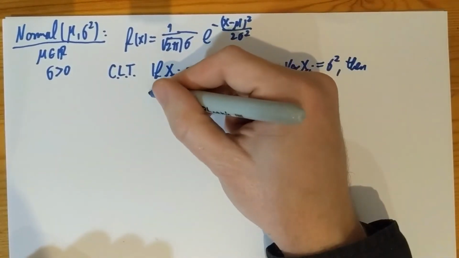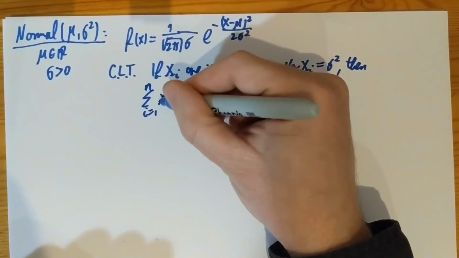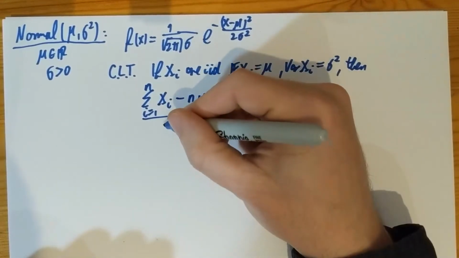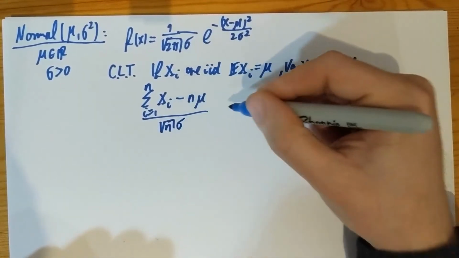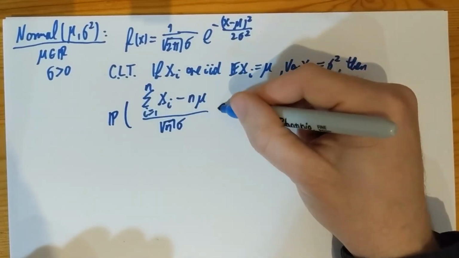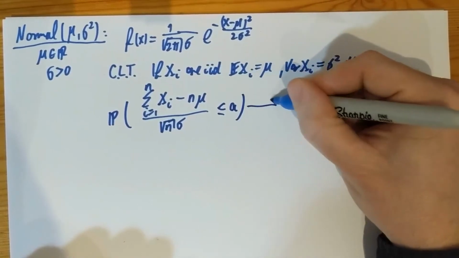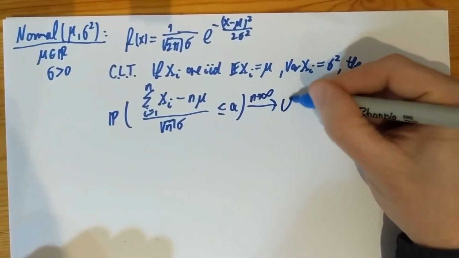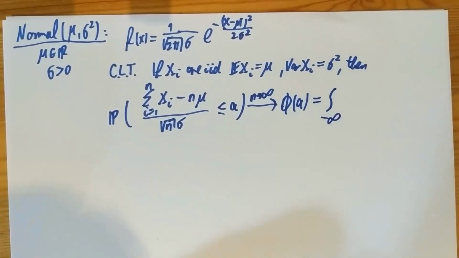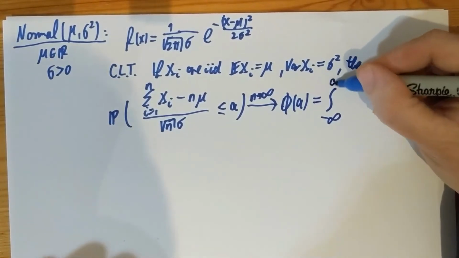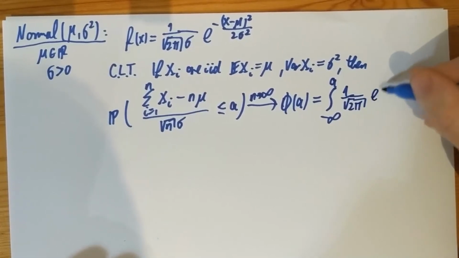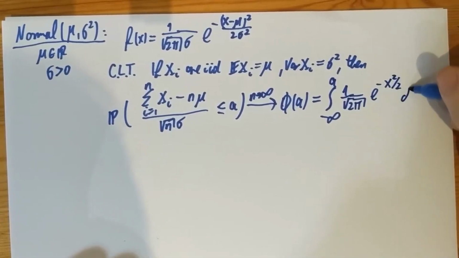if you do the sum of the first n and you subtract the mean of the first n and you divide by the standard deviation of the first n, this will converge in some sense, namely the probability this is less than or equal to a fixed number a converges as n goes to infinity to phi of a, which is the integral from minus infinity to a of the standard normal density, 1 over root 2 pi e to the minus x squared over 2.